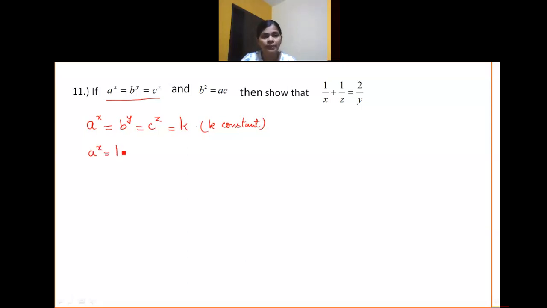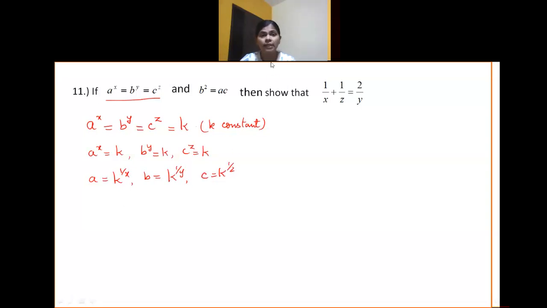Now let me take them separately. So a to the power x is equal to k, b to the power y is equal to k, c to the power z is equal to k. That will be the next step. Let me shift the powers to the other side. That gives a is equal to k to the power 1 by x, b is equal to k to the power 1 by y, c is equal to k to the power 1 by z.